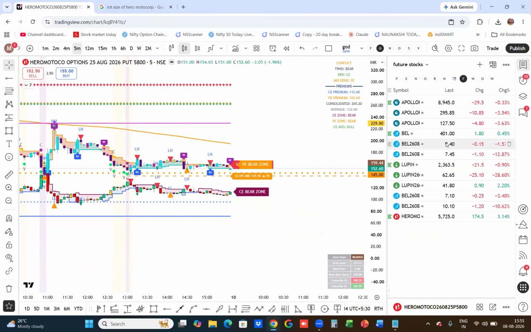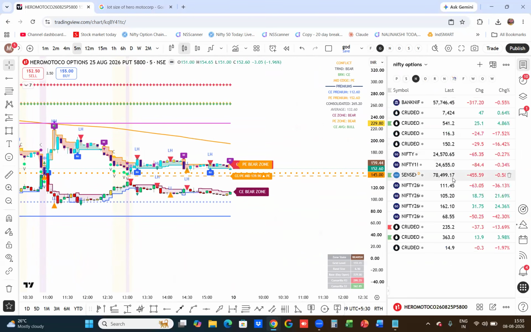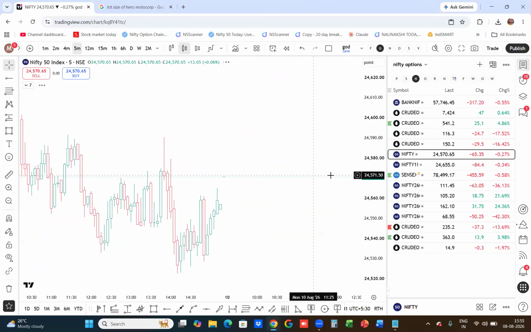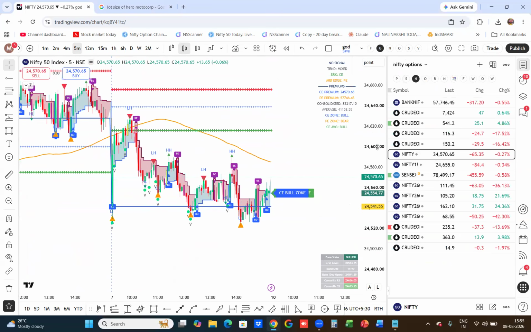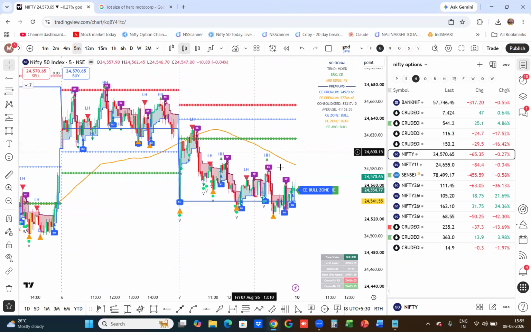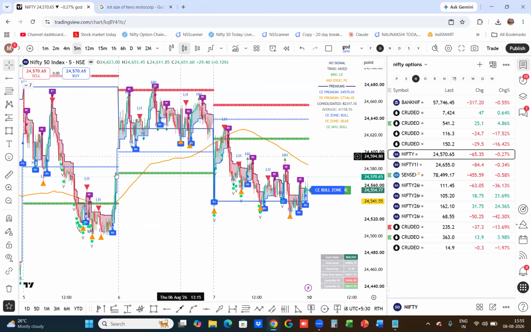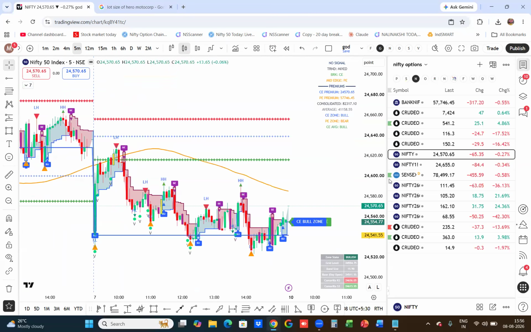Actually, if I take you to the Nifty, you can go over here. I'm applying the underlying, and you can see the dual option premium, and these are the Camarilla pivots. Let me zoom it so that you will see the chart properly.